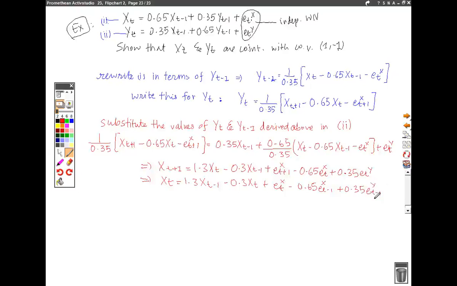Right? And now if you try to figure out, so these error terms won't matter, right? Because they are Markov and it's always stationary. So what you have to care about is this part, which is the AR part. So what will be my characteristic equation here?